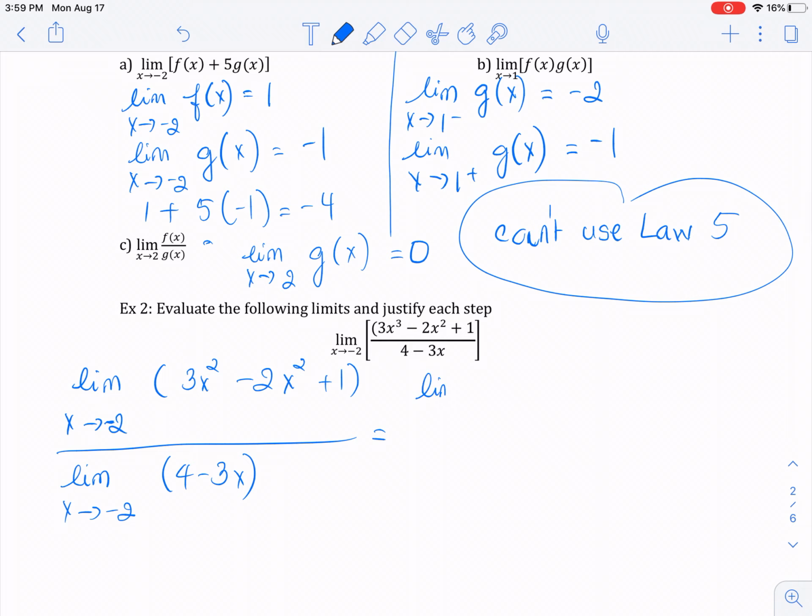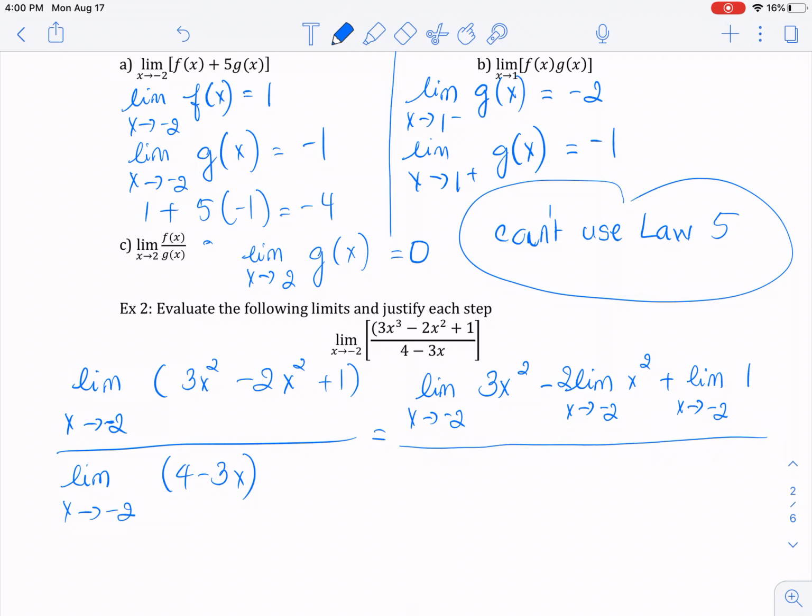So you want to do the limit as x goes to -2 of 3x squared. Technically, I can take the 3 out. Here, let me do it for this one. I can take the 2 out. Then we do the same thing for the denominator.